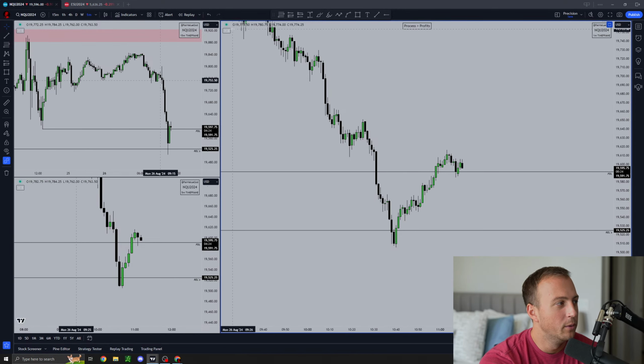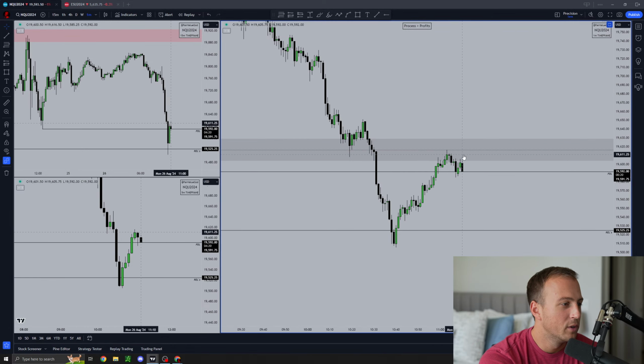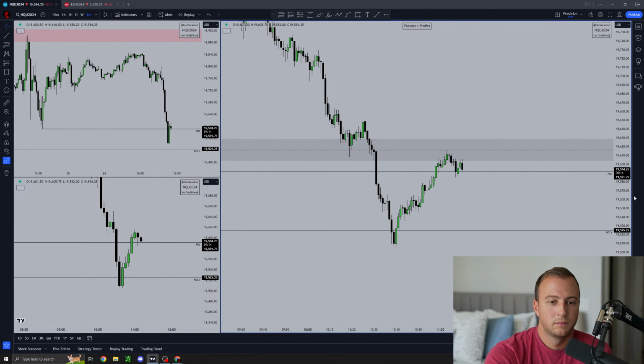Oh yeah, Reese talking about the new week opening gap. Nice little confluence point for OTE. Good eye, Reese.